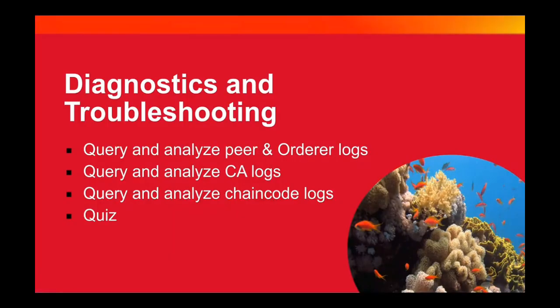In this section, we are going to look into troubleshooting the network, where we will see how the orderer logs and peer logs exist, and also look into certification authority logs and chaincode logs as well.